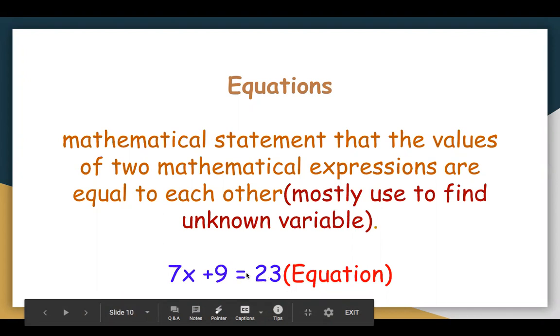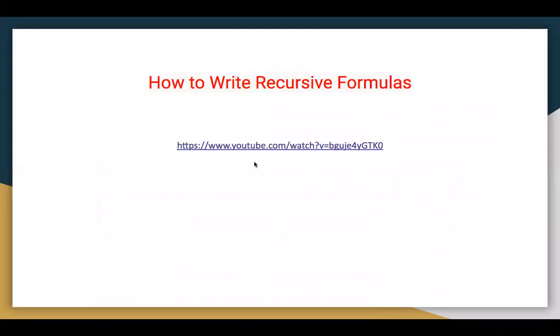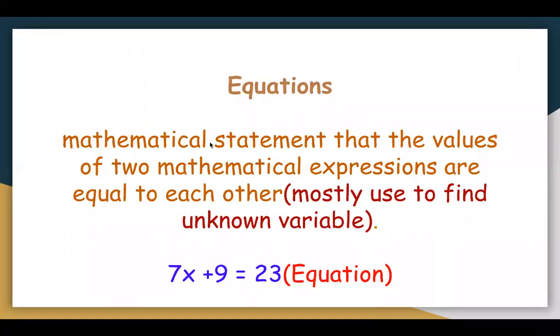When you see an equal sign, you are comparing two expressions, and then it becomes an equation. All right. When you see equal, it's going to be an equation. Any questions, guys, on that? Please reach me.